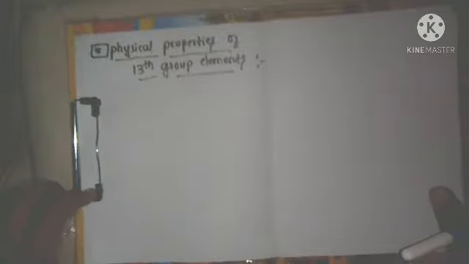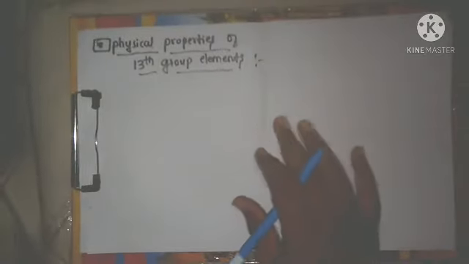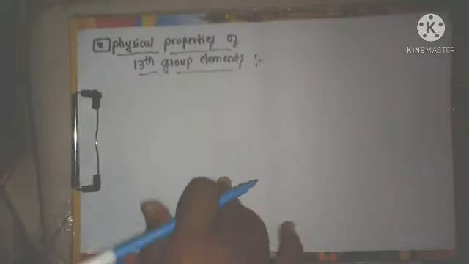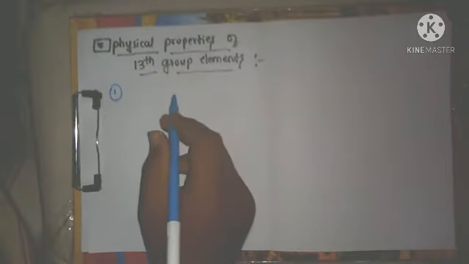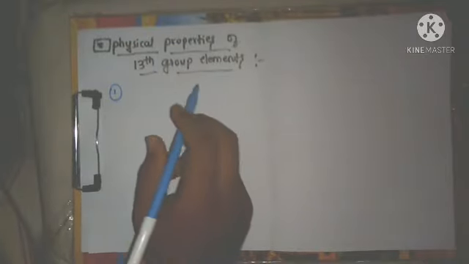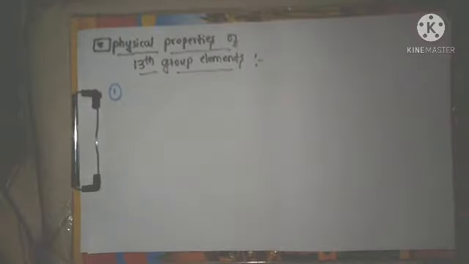Now, here I will directly write the points, physical properties, one by one. P block elements: already we have discussed whether they are metals or non-metals in the periodic table.